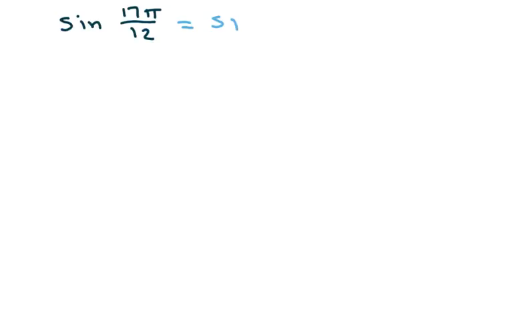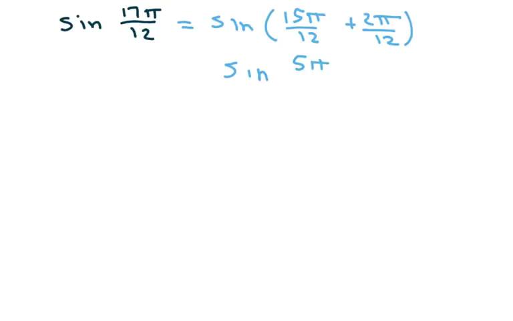You can do it any way you want, but I'm going to go ahead and use 15 pi over 12 plus 2 pi over 12. And that's going to give you, if you reduce it, 5 pi over 4 plus pi over 6. Now, I'm not going to keep writing the formula down, so I'm just going to go ahead and write this out.